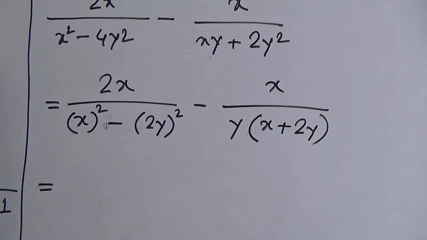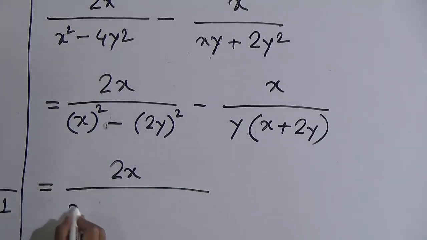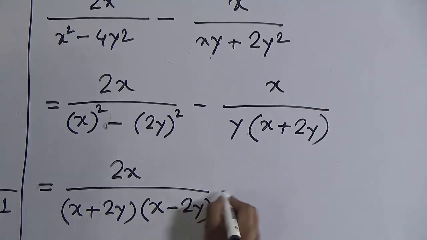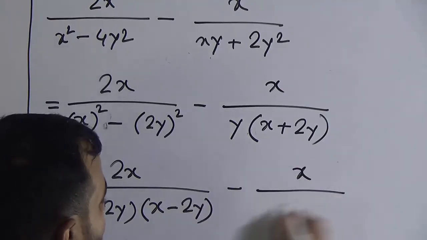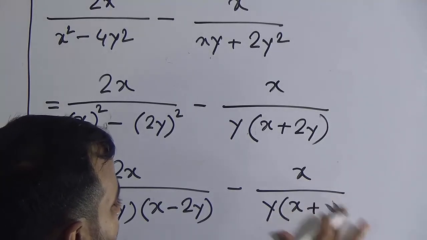The formula is a plus b into a minus b. So write it down, a plus b. Here a means x, b means twice y. So a plus b into a minus b, x plus twice y into x minus twice y. And the second fraction will remain unchanged, y into x plus twice y.